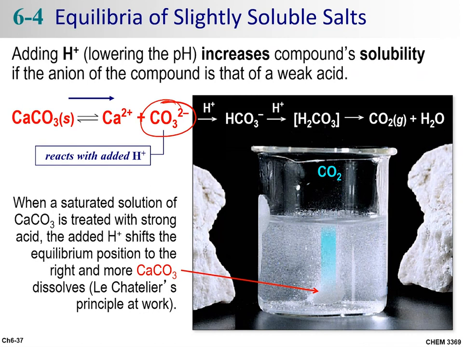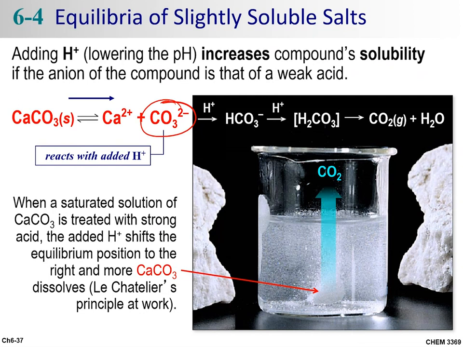So that means if you make more carbonic acid by decreasing the pH of the solution, the first effect is that the solubility of calcium carbonate will increase. But because we're making carbonic acid and it's in a saturated solution, it has to be in equilibrium with CO2.